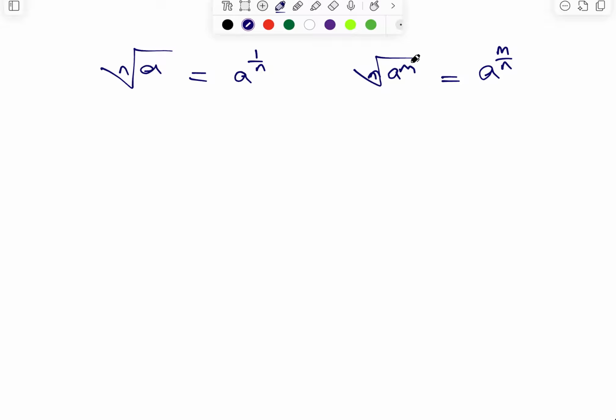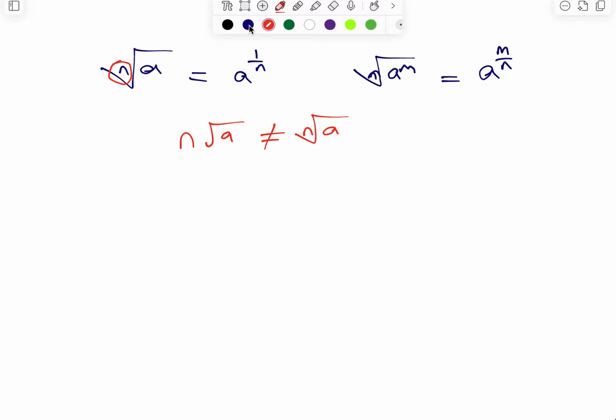Now, there's another mistake that students usually make, and that is about this n. There is a difference between n times root a and the nth root of a. So you can see that this nth root of a is written just within the sign, and this other n is written outside the sign.